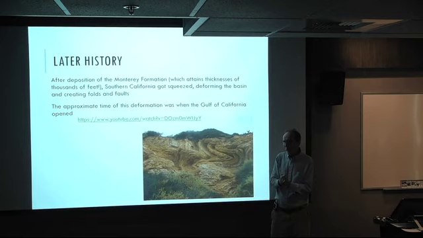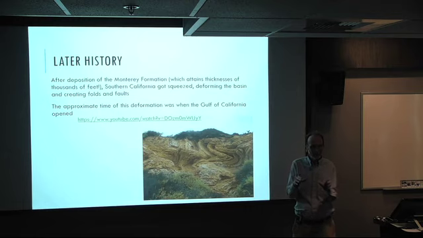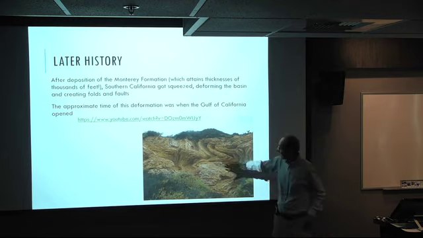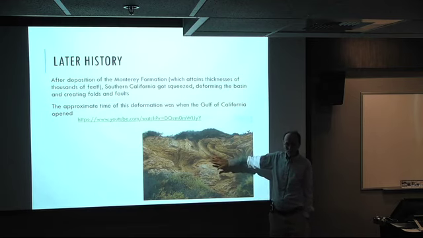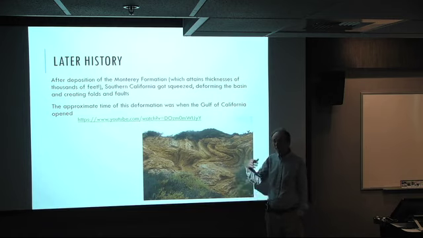Unfortunately, we don't really have an event that we can say, oh, that thing caused the shortening. Back in the 1980s, we had an idea of the cause of the deformation, but it was disproved. So we don't really know why the Monterey Formation got squeezed and the San Joaquin Hills are deformed and so on and so forth, but they are. And that has profound significance.